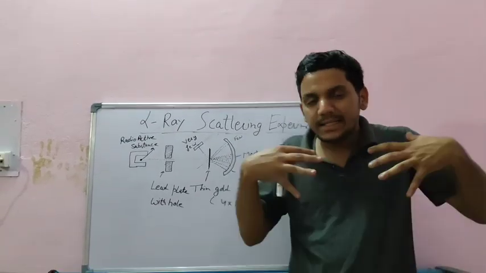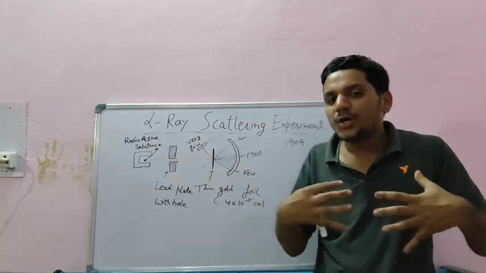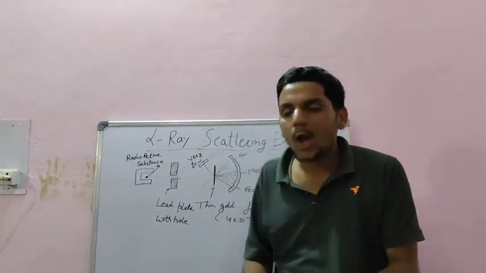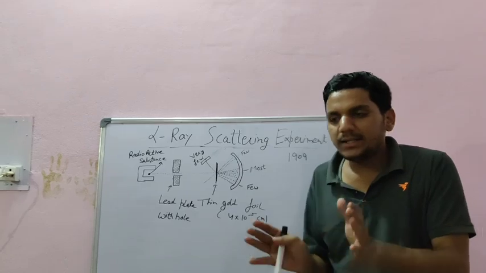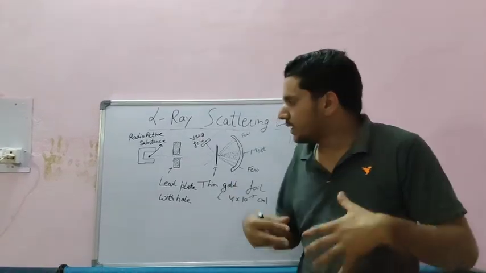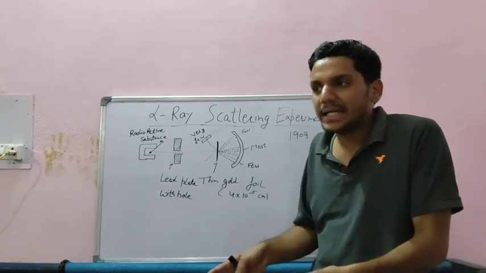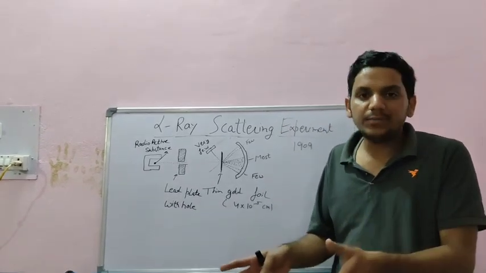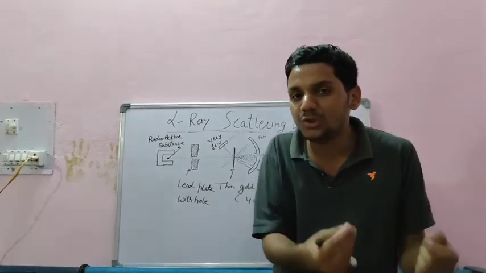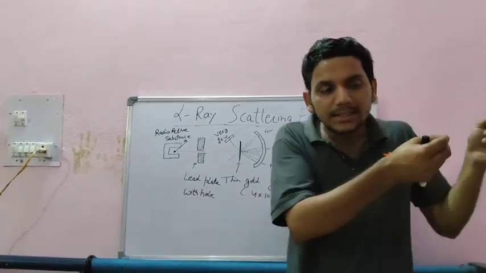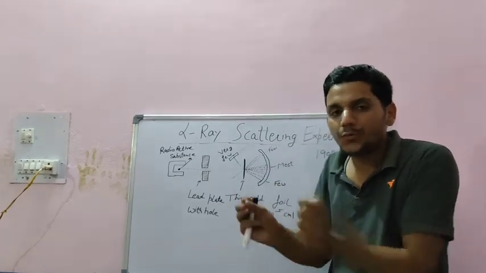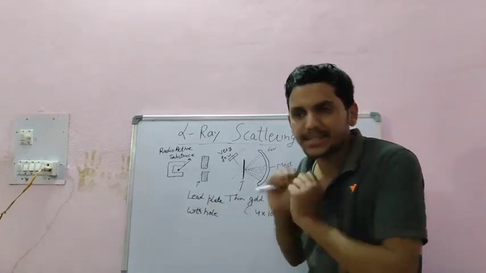So the next conclusion which Rutherford derived from his alpha ray scattering experiment is that very few particles get deflected. In the alpha ray scattering experiment, the subatomic particles emitted by the radioactive substance are positively charged species, and these positively charged species show deflection.